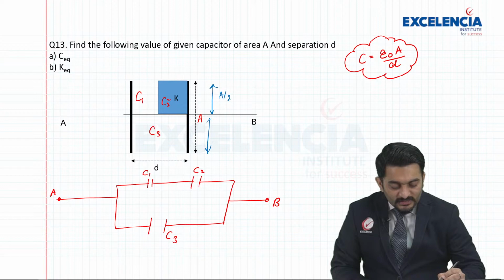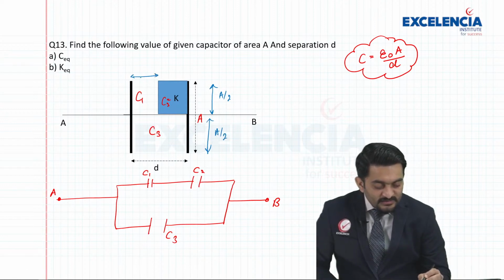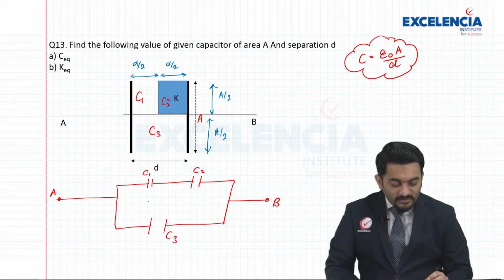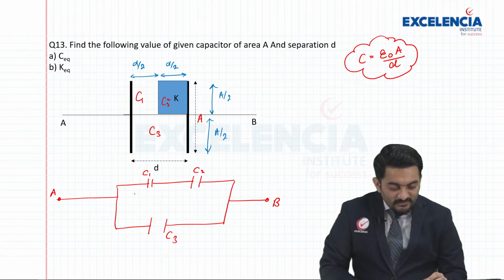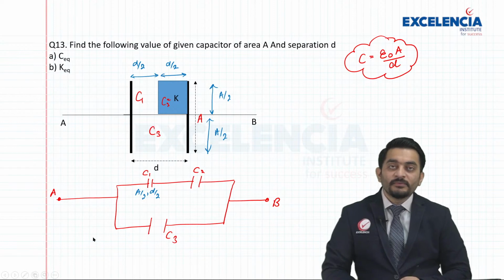So this area will also be A by 2. If you are separating your C1 and C2, remember the separation distance is not going to be D, it is going to be this. So for your convenience, for C1 I will write that your area is A by 2 and your separation distance is D by 2.